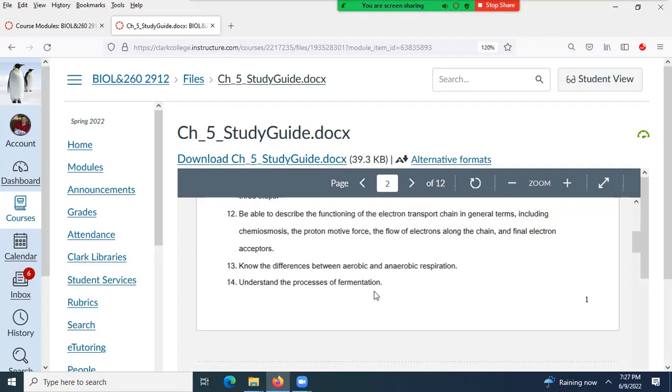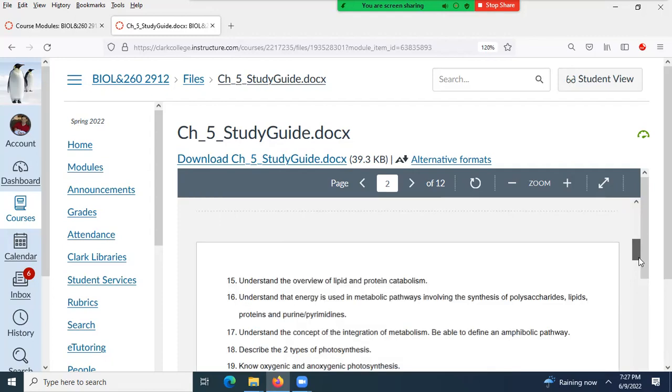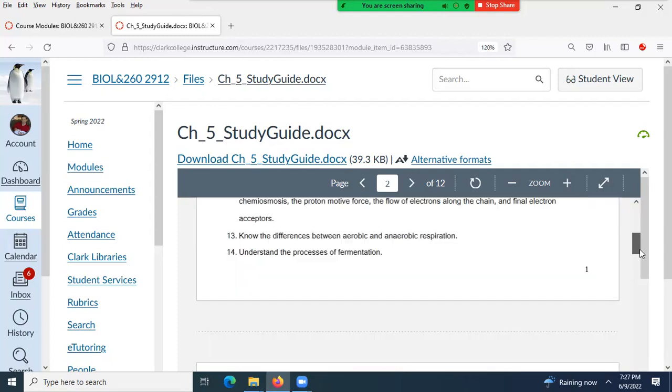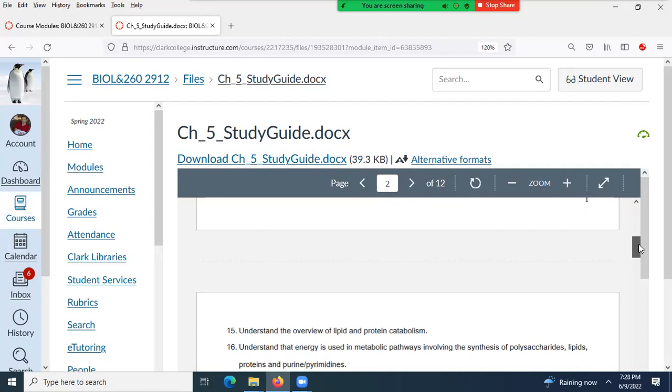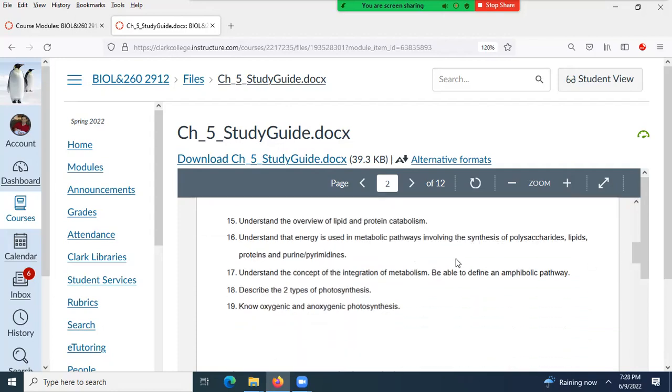For lactic acid fermentation, it forms lactic acid or lactate. And then in alcoholic fermentation, it forms ethanol. Your muscle cells can perform lactic acid fermentation as well as aerobic respiration.